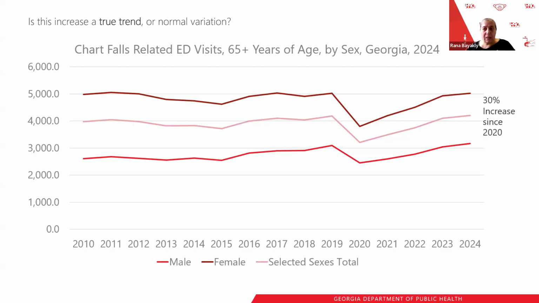Does that make sense? So that's one of the deficiencies in the data: there is no national data set at this point to get all Georgia residents that visited the ER, wherever it is.